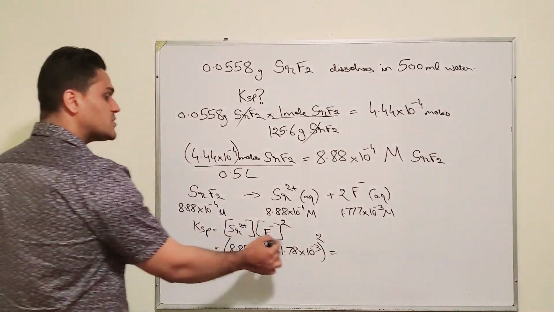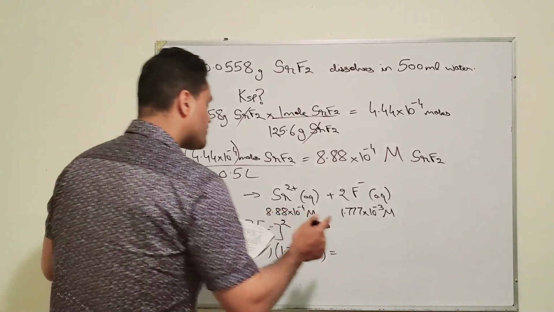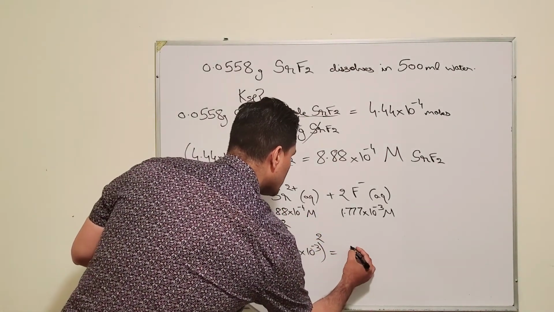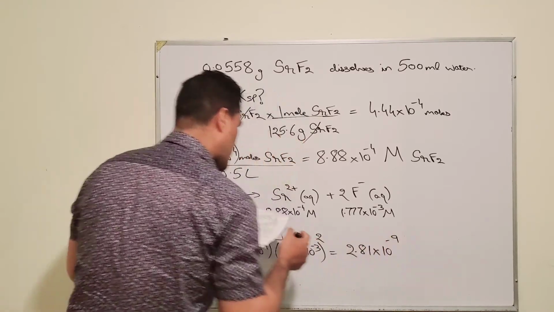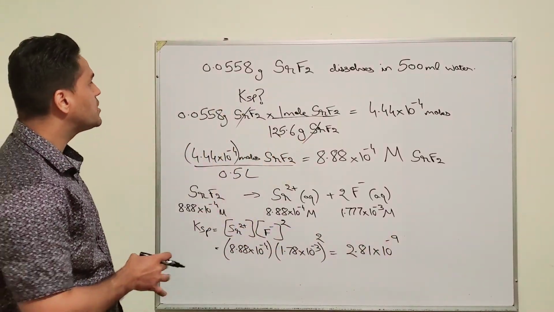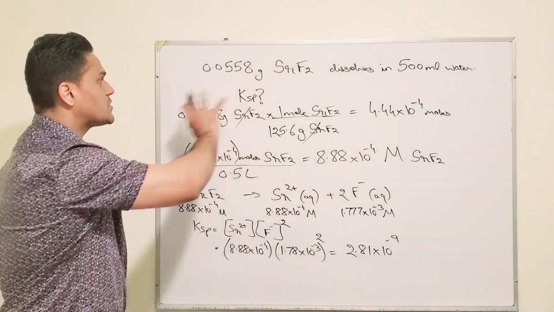And now you're going to punch it in. Make sure you put brackets, and if you've punched it in properly, you should get 2.81 times 10 raised to the power minus 9. That's going to be your KSP for SrF2 at this particular temperature.